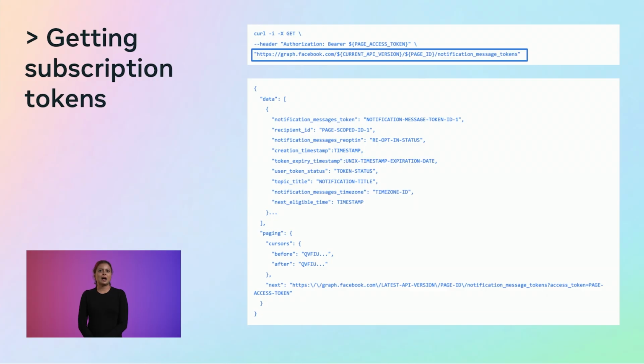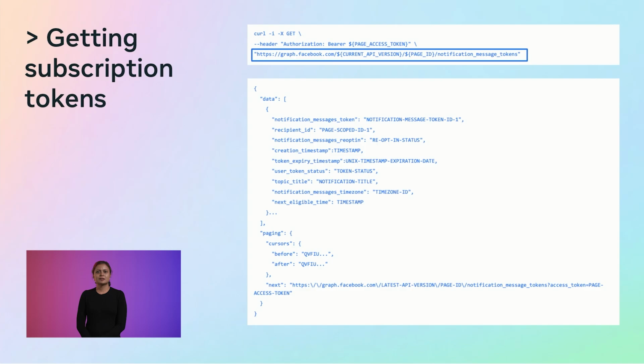Now let's see how we can get the subscription tokens. You can retrieve the subscription messages for a specific page using this API call. Please note the endpoint page ID /notification message tokens.